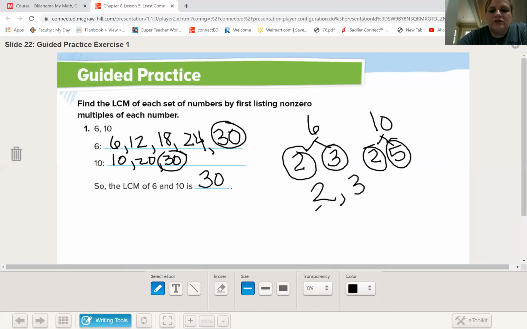And the factors of 10 are 2 and 5. They share this 2. They both have a 2, so that's going to become just 1, 2 times everything else that's different. A 3 and a 5. 2 times 3 is 6. 6 times 5 is 30. So it works.